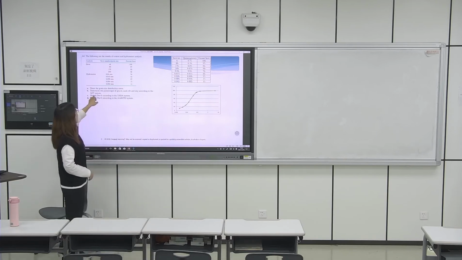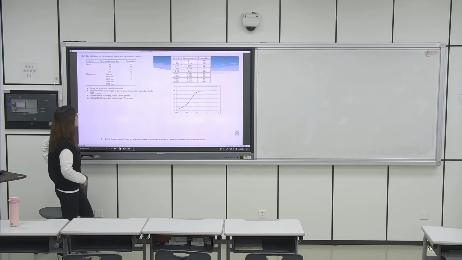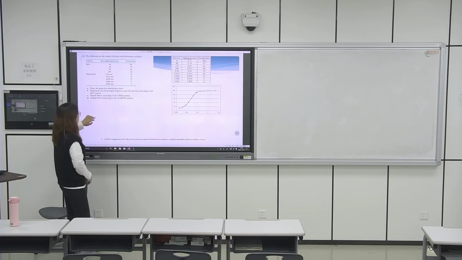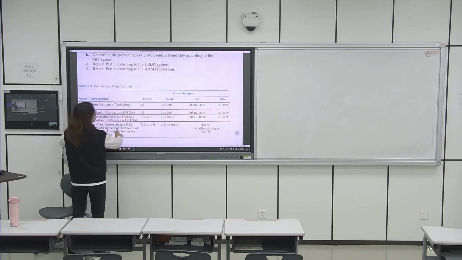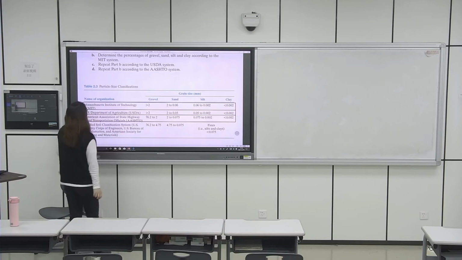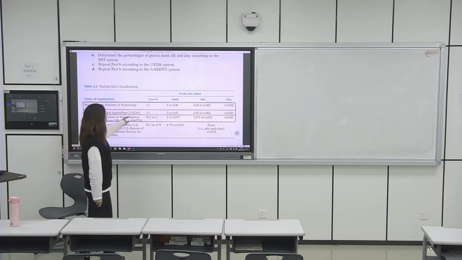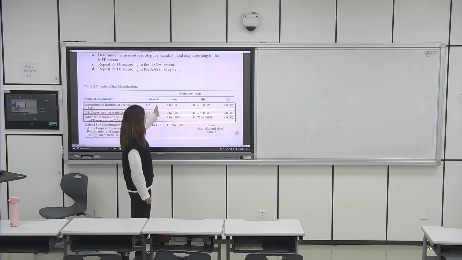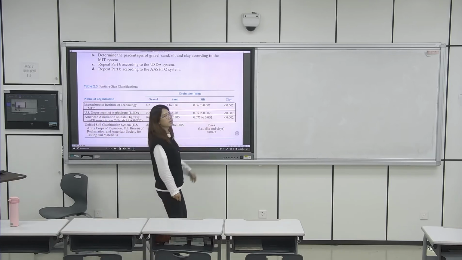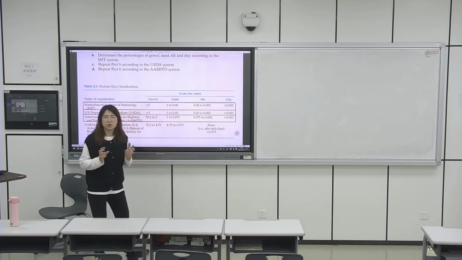What are the MIT system, USDA system, and AASHTO system? We have a table in our textbook like this. For these three systems, for gravel, sand, silt, and clay, there is a particle size range.